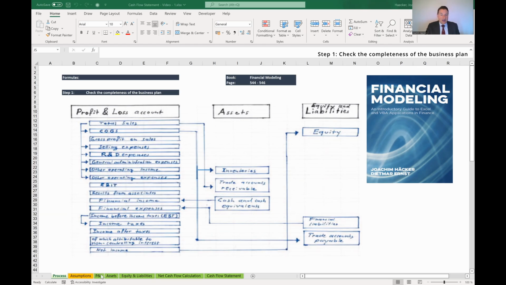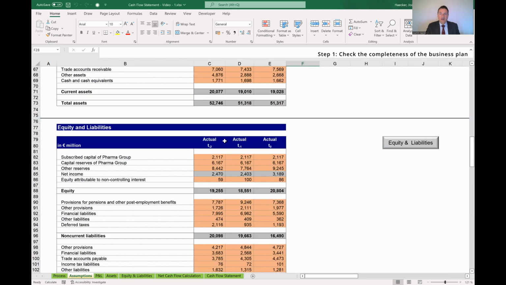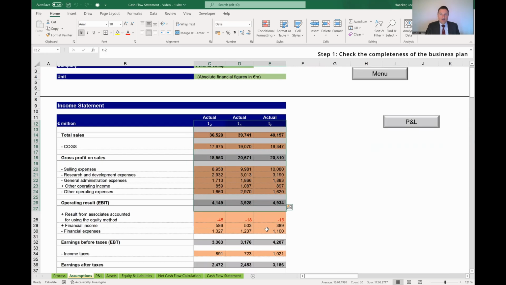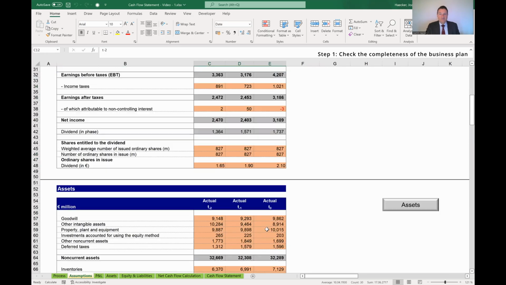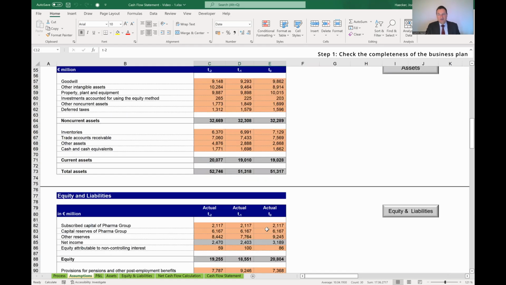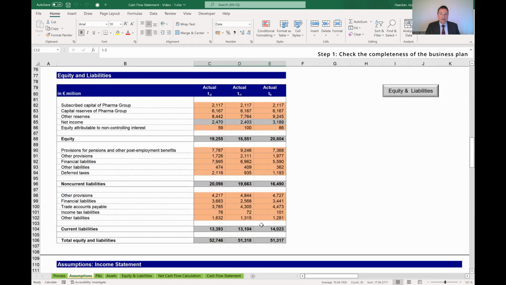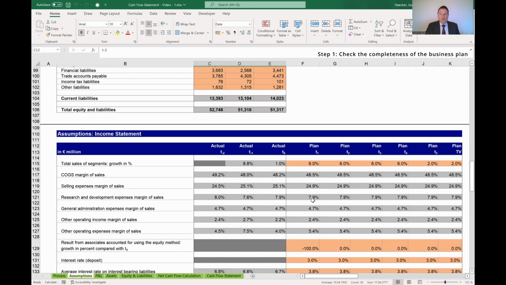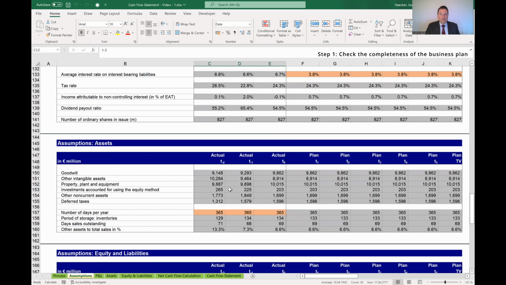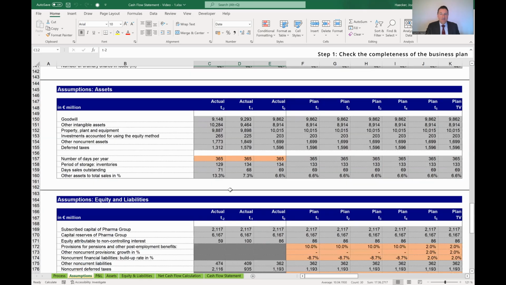And we have done that in our pharma group case. So basically, we just copy-pasted the figures of the last 3 years, or the P&L, assets, equity, and liability side. We planned the income statement. We derived the assumption of the assets and equity and liabilities.